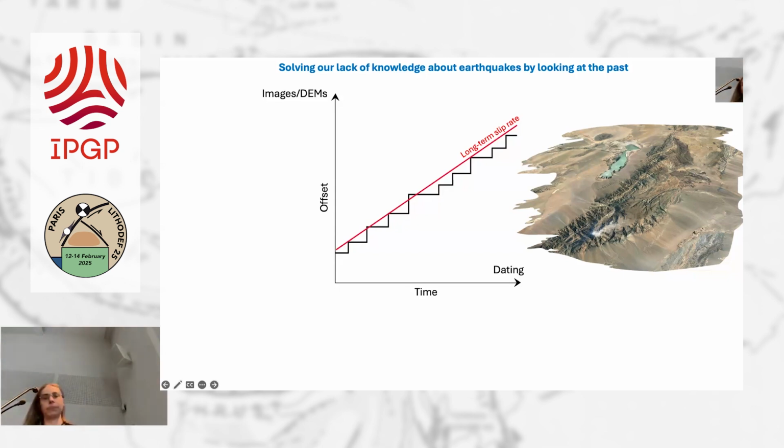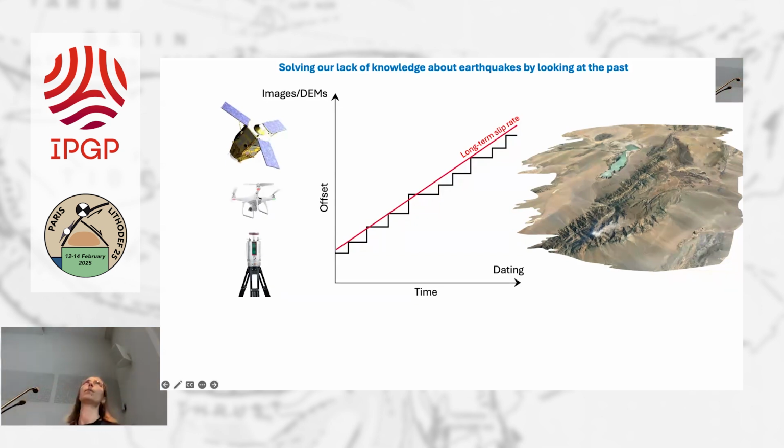Thanks to the pioneer work of Paul, I think that today we are able to constrain the offsets with quite good constraint, let's say several tens of centimeters, thanks to the images and the DEMs.